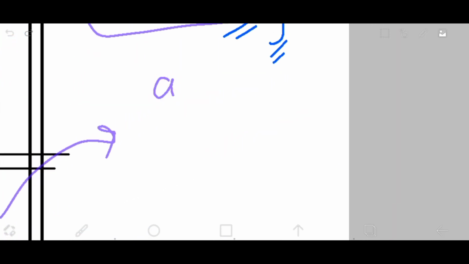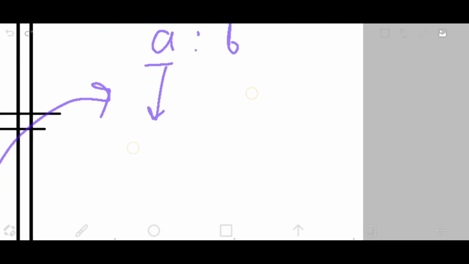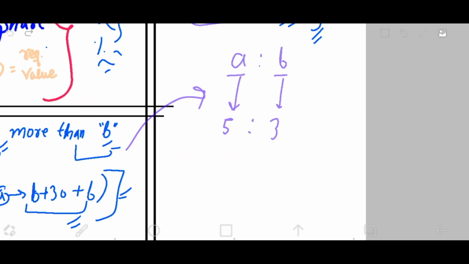So you could say A is to B is 5 is to 3. Here it is written.